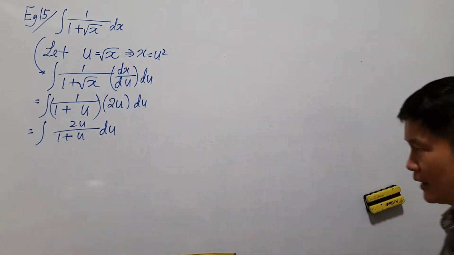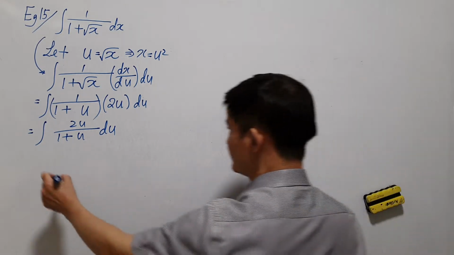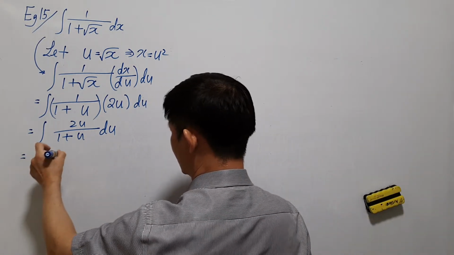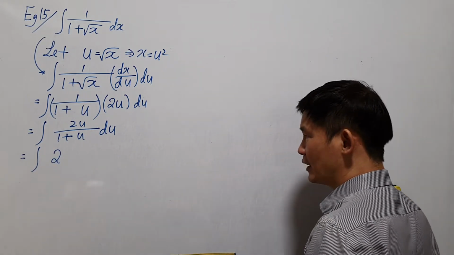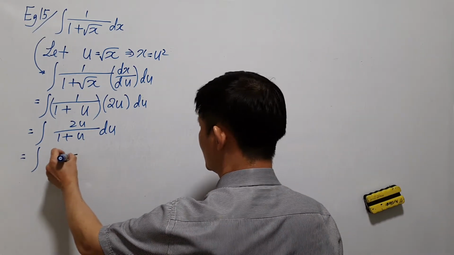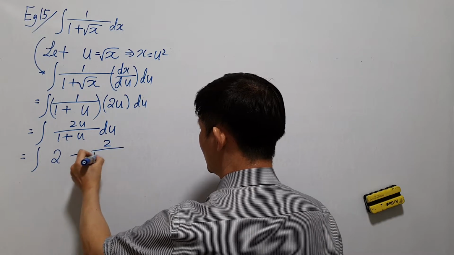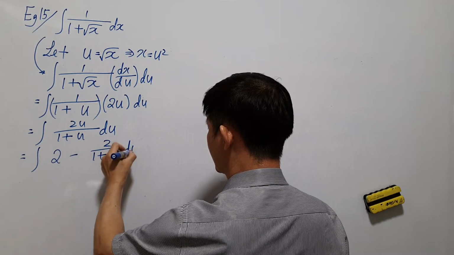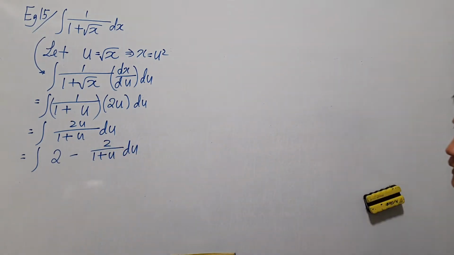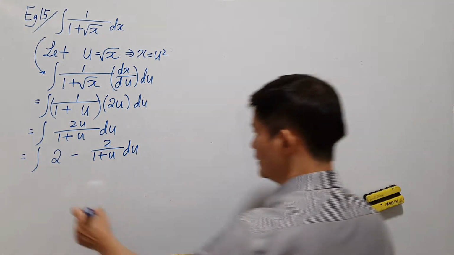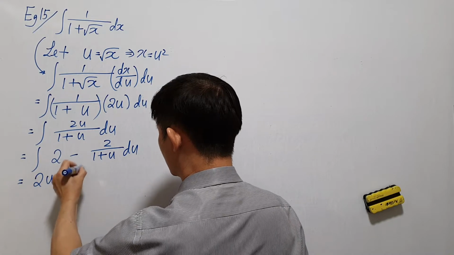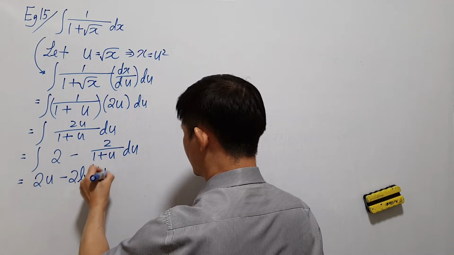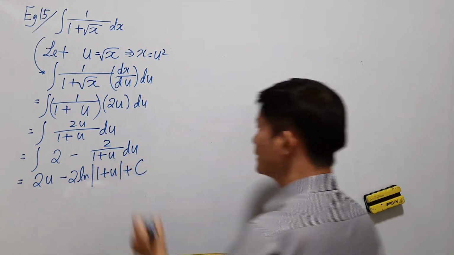And to integrate this one, we need to do this using, if you like to call it, long division. So this gives you minus 2. If you perform your long division, I think you should be getting this. And then you integrate them individually, you get 2u minus 2 ln of 1 plus u plus c.